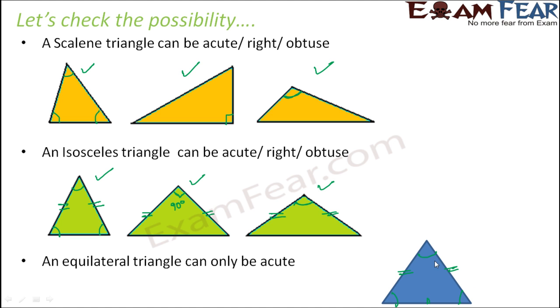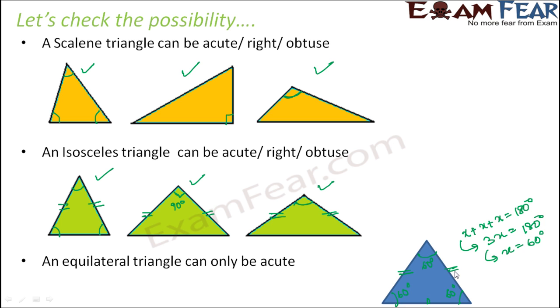So when all the three angles are equal, let us say that the value of each angle is x. So x plus x plus x should be equal to 180 degrees. From this we can say that 3x is 180 degrees, or x is equal to 60 degrees. That means the value of each angle in an equilateral triangle is 60 degrees.